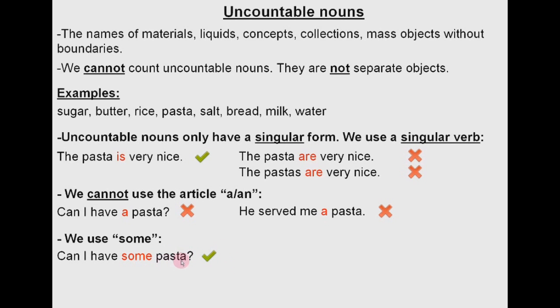So pasta always stays singular, but we can use the word some before it. He served me some pasta. That is correct. Okay, so that is the definition for uncountable nouns, and that is very important, particularly the rule about being singular.